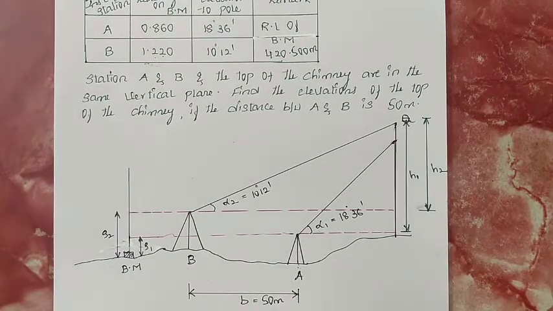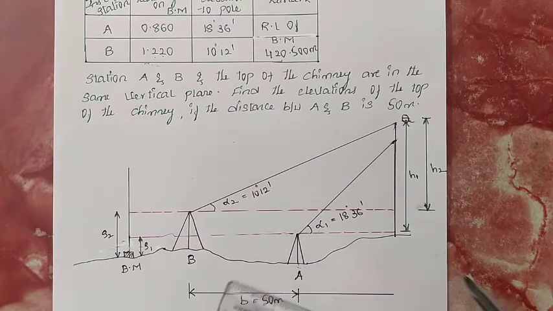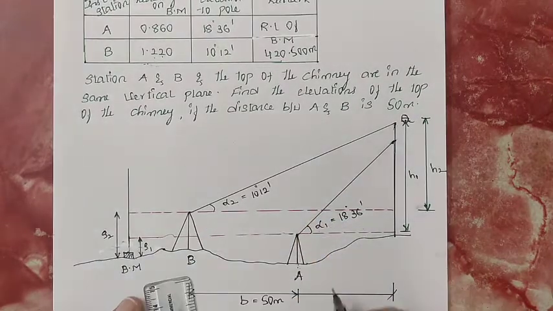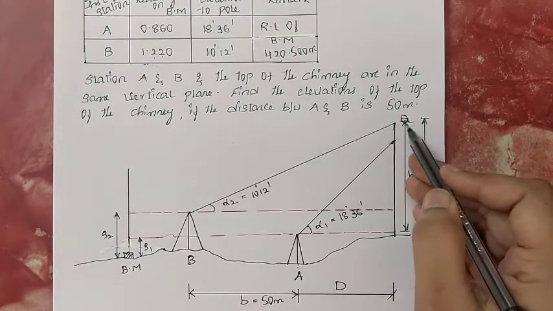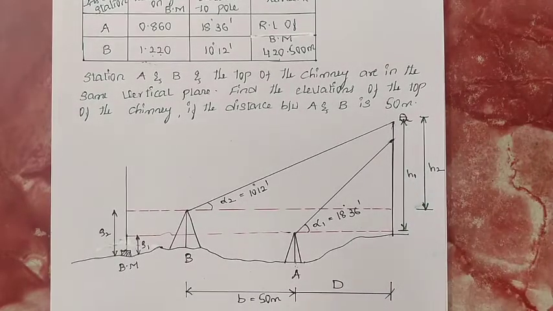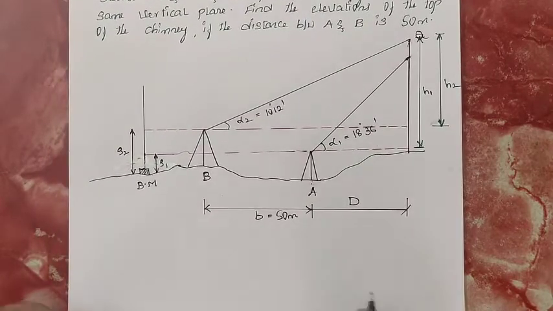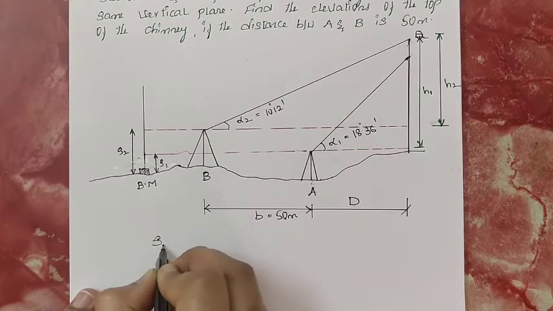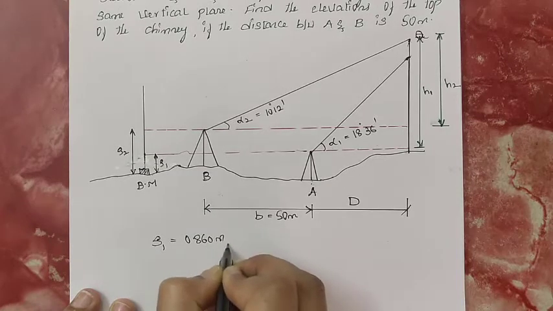First step. You need to calculate the distance from the instrument station to the elevated object. Call that distance D. You need to calculate this D as well as the RL of this Q. I will write it here. S1 value is 0.860 meter.